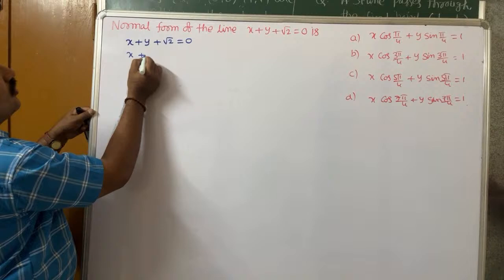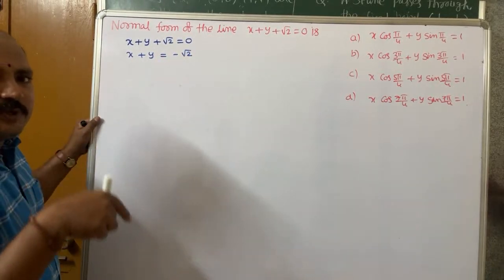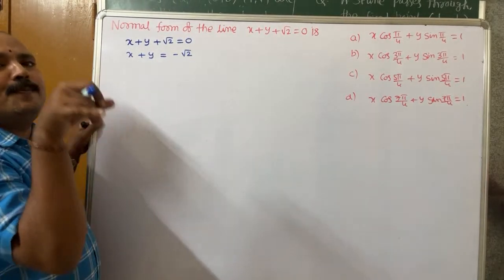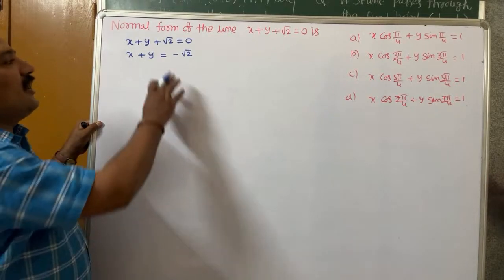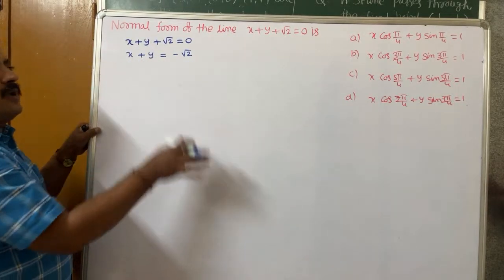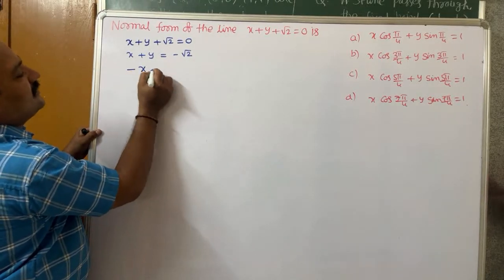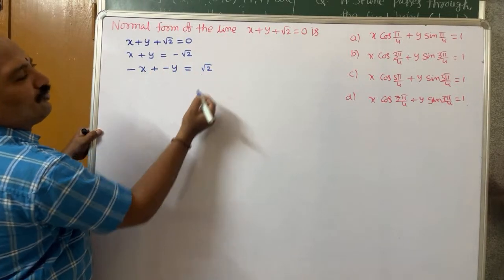So x plus y is equal to minus root 2. While doing this procedure, the constant term should be positive. So here negative is there, no? Multiplying by minus on both sides, it comes minus x minus y is equal to root 2.